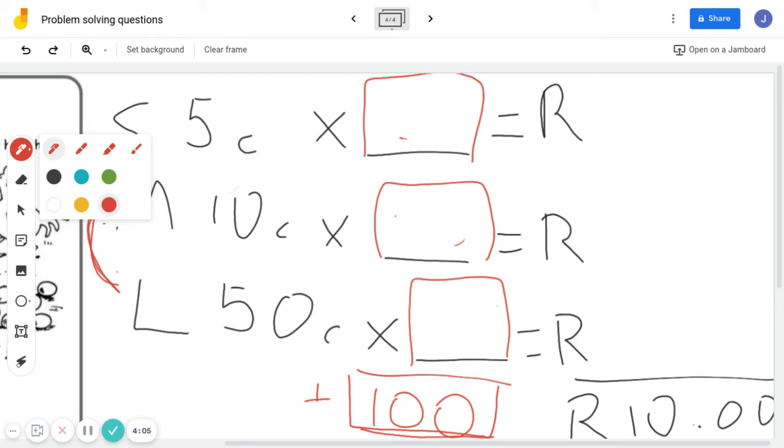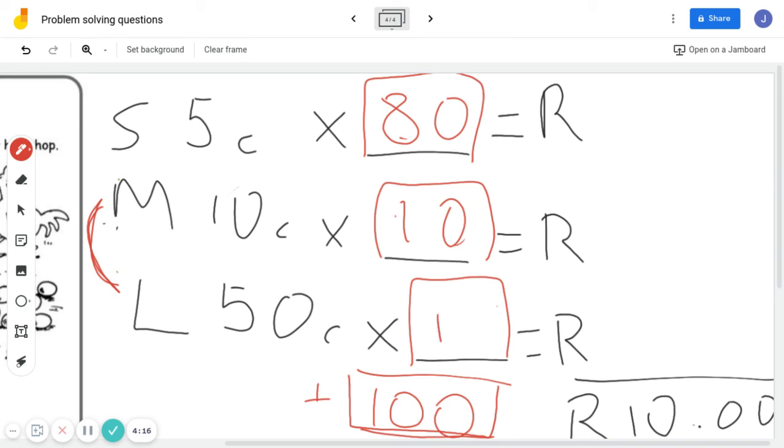So let's try 80. If I put 80 there, that means I put 10 here and 10 here. So 10 plus 80 equals 100. Great. Now let's work out and see if the prices add up. 80 times 5 will give me 4 rand.